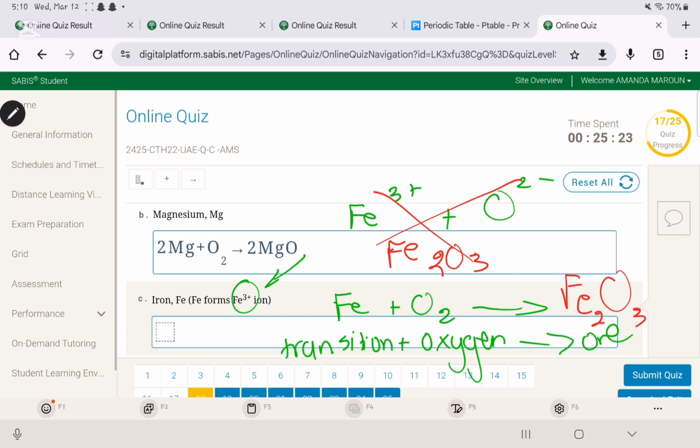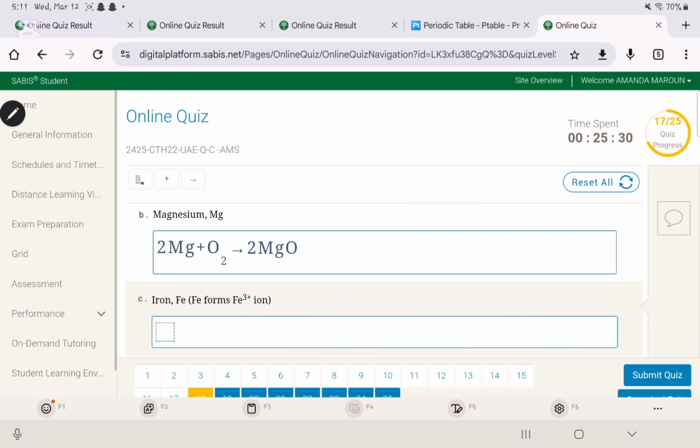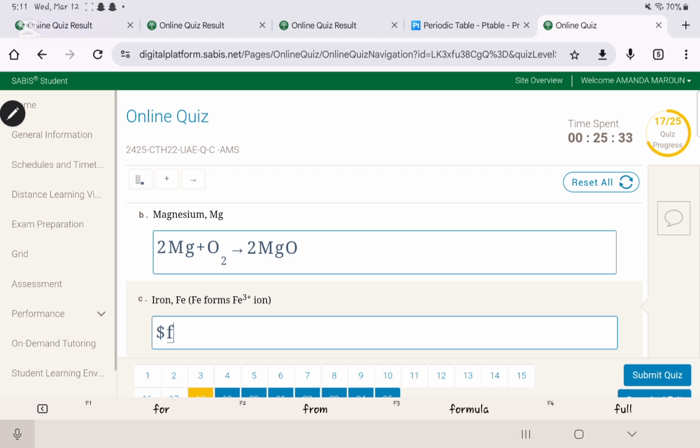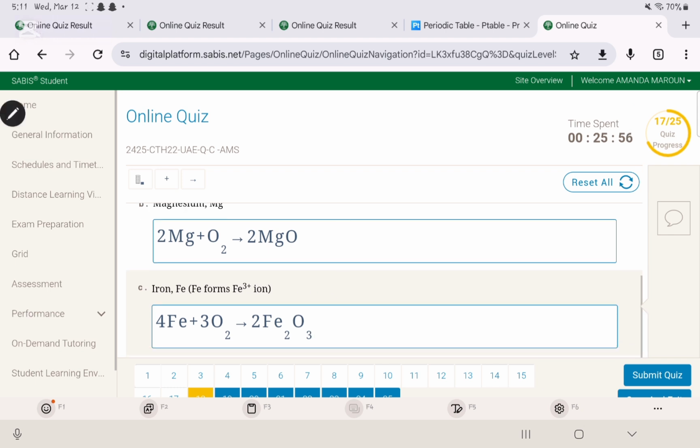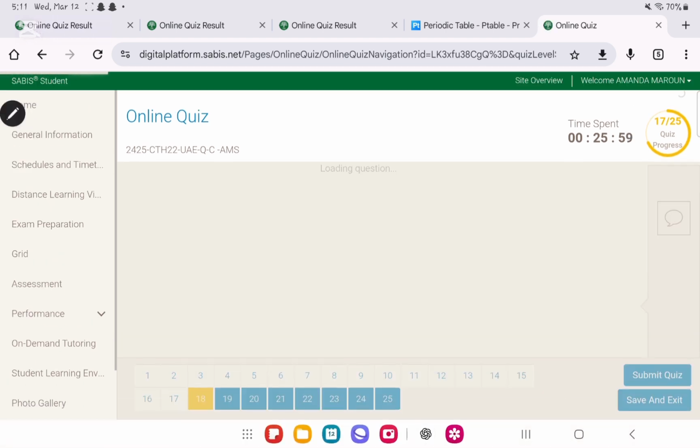Is it balanced? For sure it's not balanced. So to balance it, we're going to put 2 over here, 3 over here, and 4 over here. So very simply, it becomes 4Fe plus 3O2 is gonna give us 2Fe2O3.